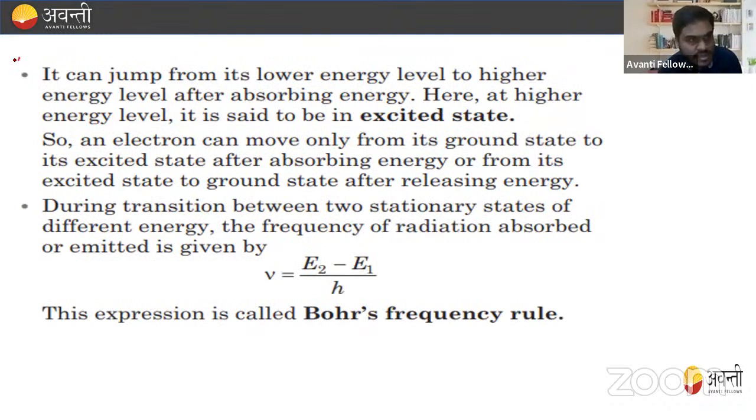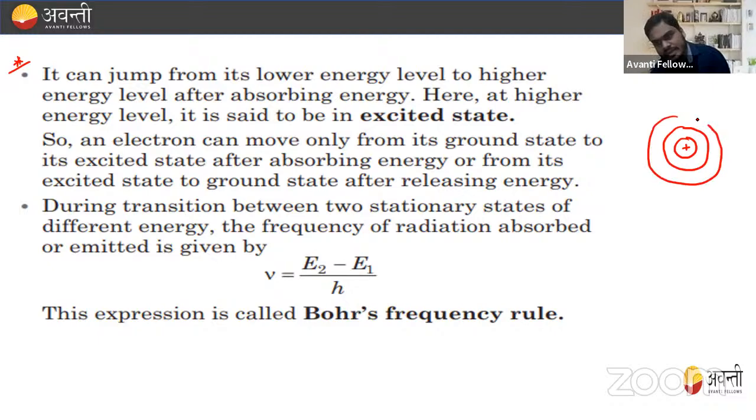Now, next point. This one is also a very, very important point. It can jump from its lower energy level to a higher energy level after absorbing energy. It means, let me draw the diagram of an atom. This is the case of a multi-electron atom, right? So let us assume the electron is present in the second shell, right? And now when you give energy, when you give heat, what happens?